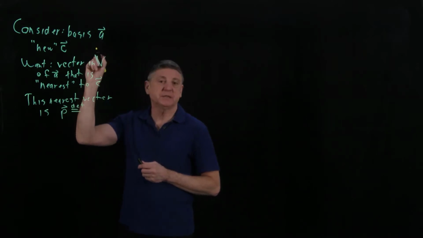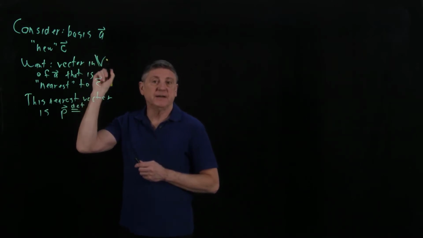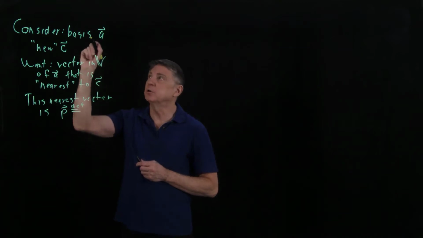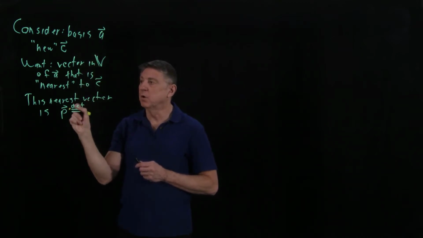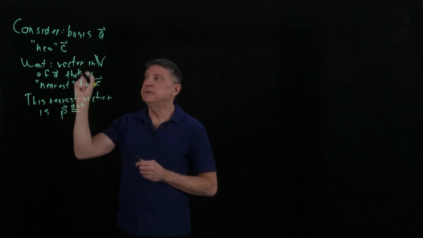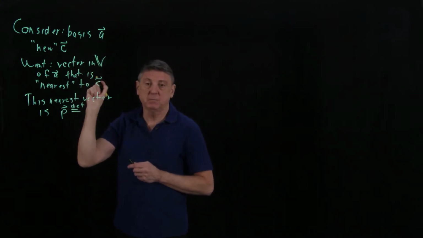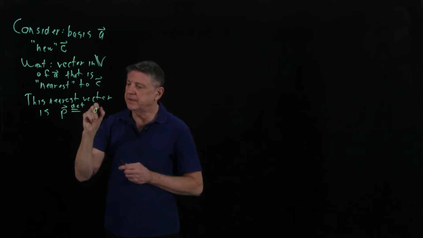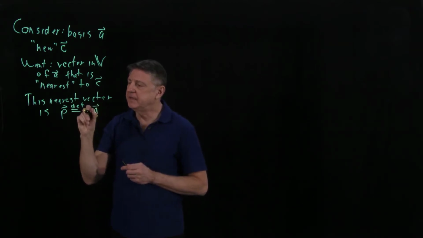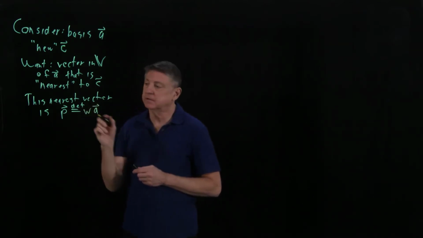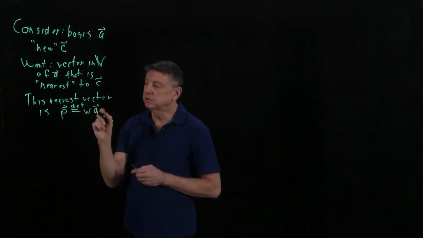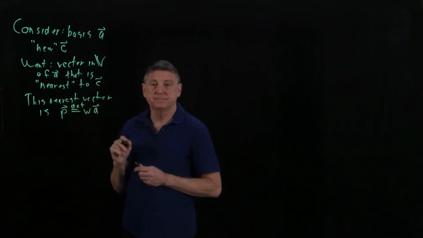Well, A is a basis vector, and the vector space that it describes are all scalar multiples. So if we want P to be nearest to this space, it has to be a multiple of A. So there has to be some scalar W that multiplies A, and that's P.